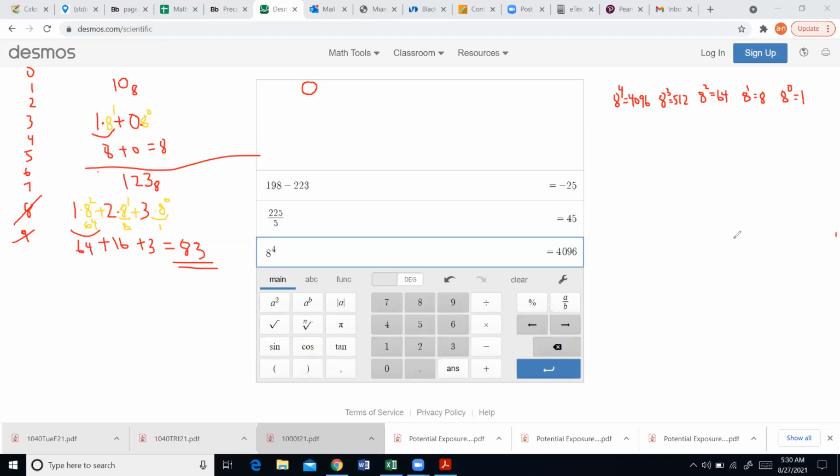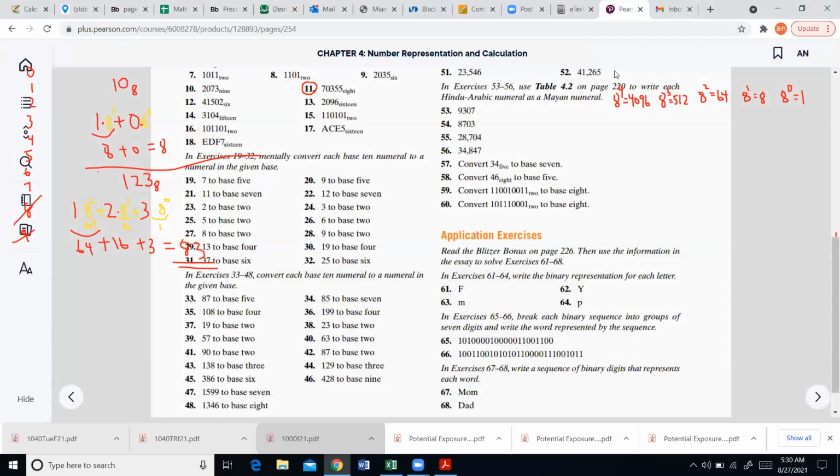So let me try a problem. I'll stop making up my own exercises, and I'll just go back to the textbook and try one from there. So we have something base 8 here, exercise 11. Actually, notice there are lots of digits here. There's a 0, first, second, third, and fifth power. So notice that I don't have enough. So I need to also present 8 to the power of 5, right?